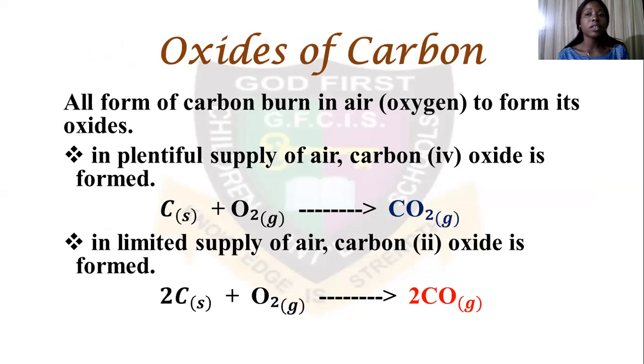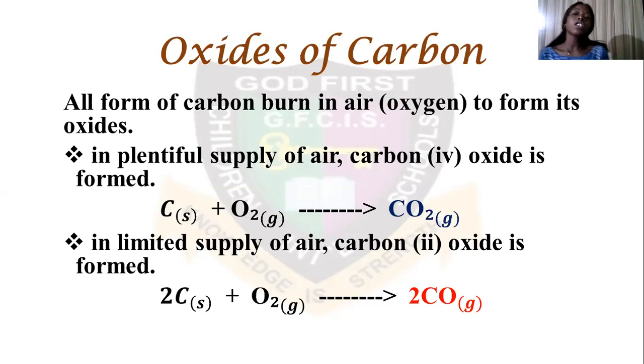That's the common name. Carbon dioxide, carbon 4 oxide. While the other one is carbon 2 oxide, which is also known as carbon monoxide. That's what it is commonly called. But carbon 4 oxide and carbon 2 oxide are the IUPAC names of those compounds.